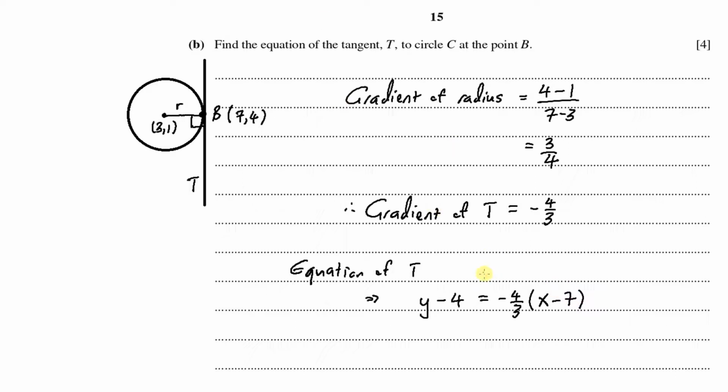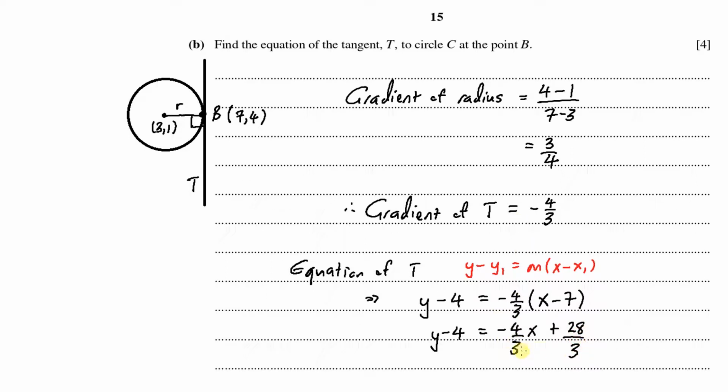I'm using y minus y1 is equal to m of x minus x1 to find the equation of the line here. And now we'll be having y minus 4 is equal to minus 4/3 of x plus 28 over 3.